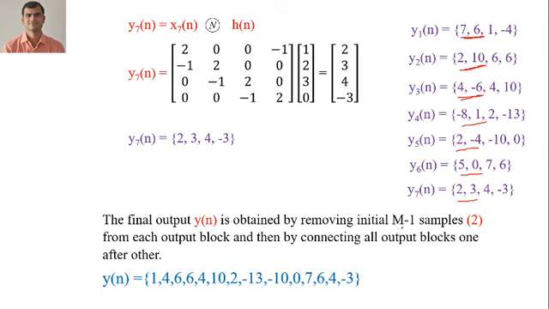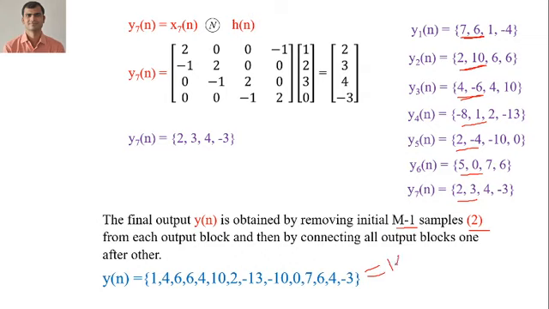It depends. Here the value of capital M minus 1 is 2 samples. Now the number of samples in the output sequence y of n is, counting 1 2 3 4 5 6 7 8 9 10 11 12 13 14, 14 samples.